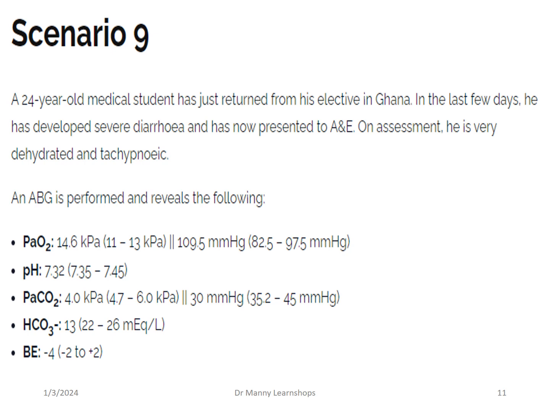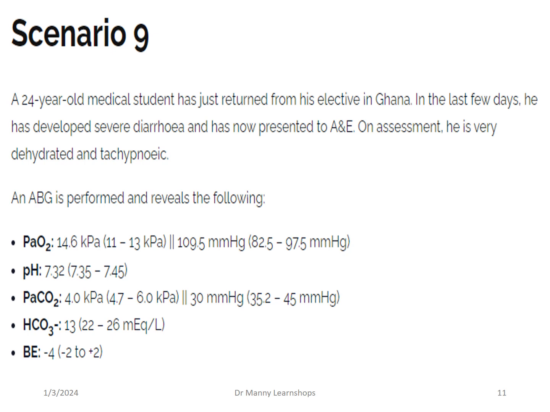When we look at scenario 9, you've got a 24-year-old medical student who's just returned from his elective in Ghana. In the last few days, he developed severe diarrhea, and now he presents to the accident emergency department.